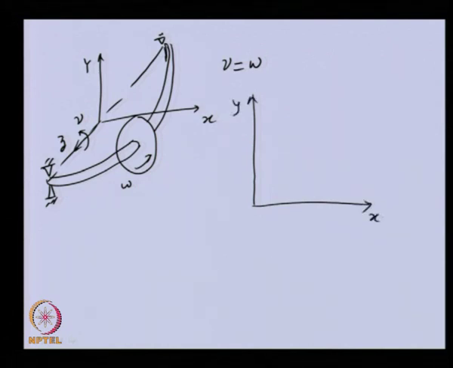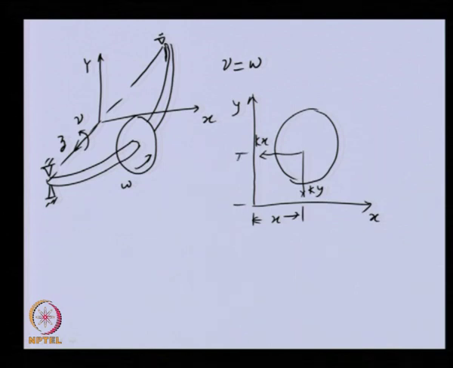Now, if we see the free body diagram of the disk in the xy plane, this is the disk. The shaft will exert elastic forces, let us say ky and kx, where these are the displacements x and y, and this is the center of rotation of the disk. Let us say the center of gravity is offset.